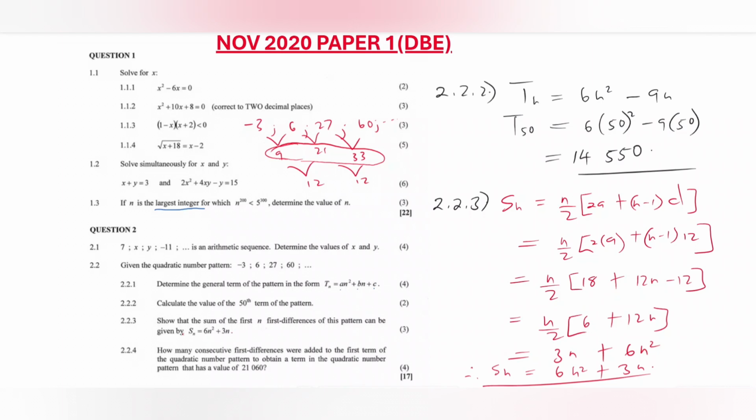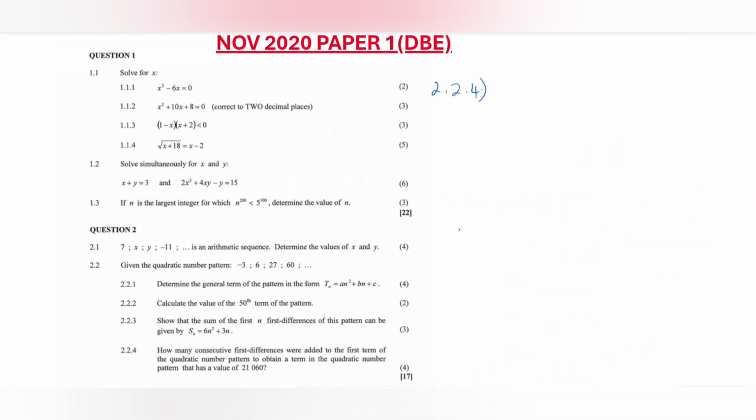We have shown it. 2.2.4. How many consecutive first differences were added to the first term of the quadratic number pattern to obtain the term in the quadratic number pattern that has the value of 21,060? So meaning, on our first term, we must add a certain number to get 21,060.